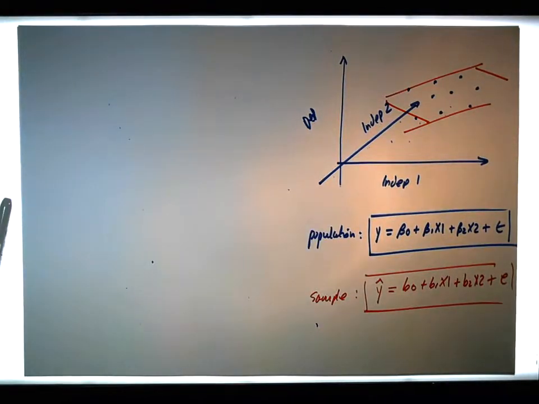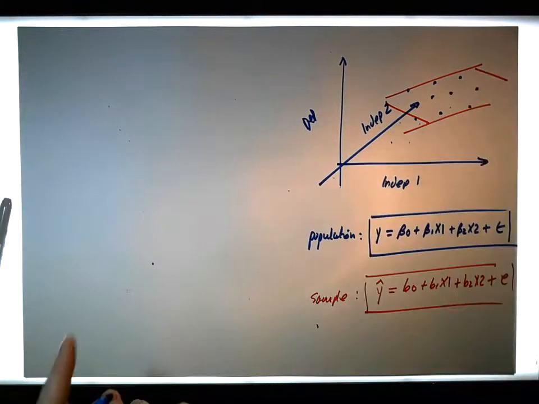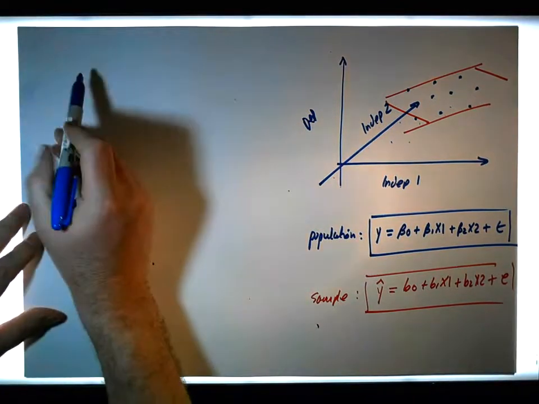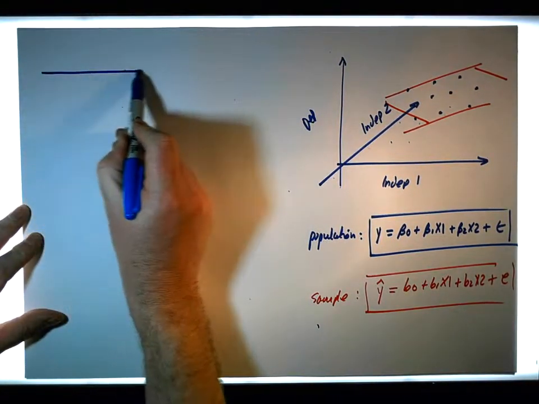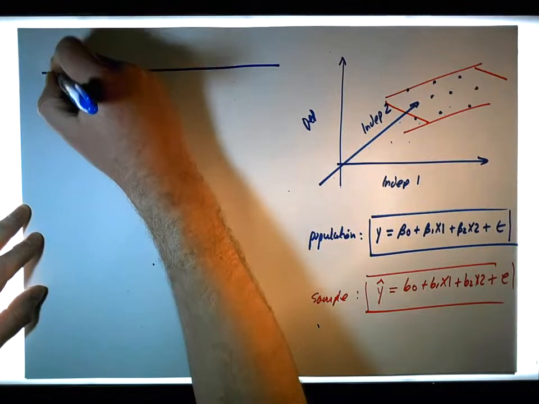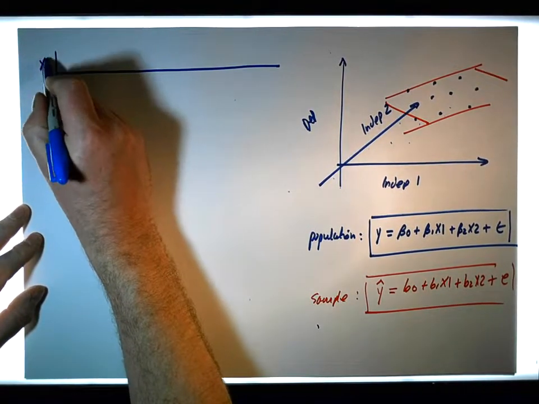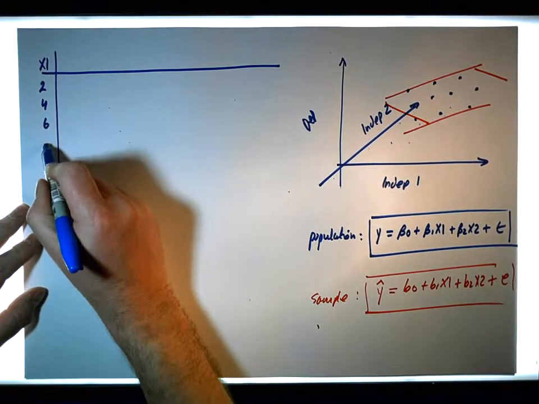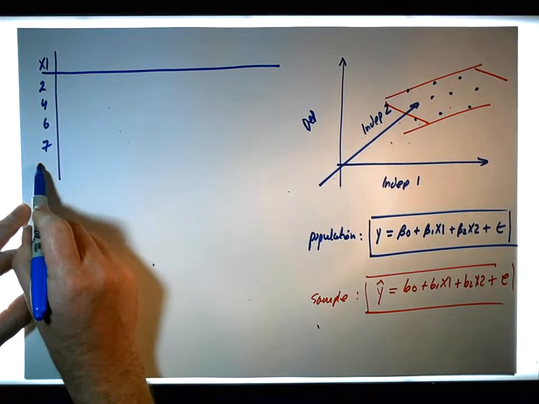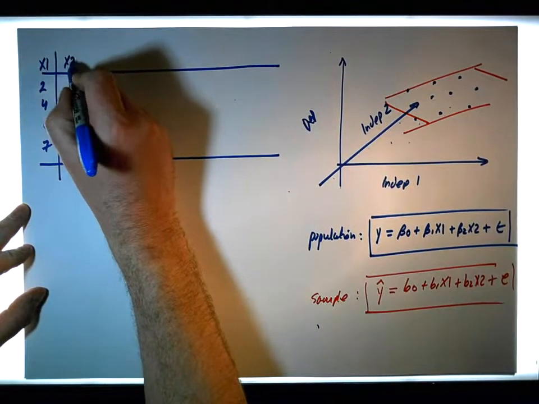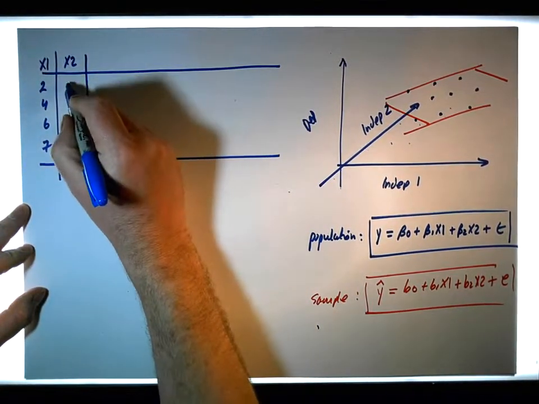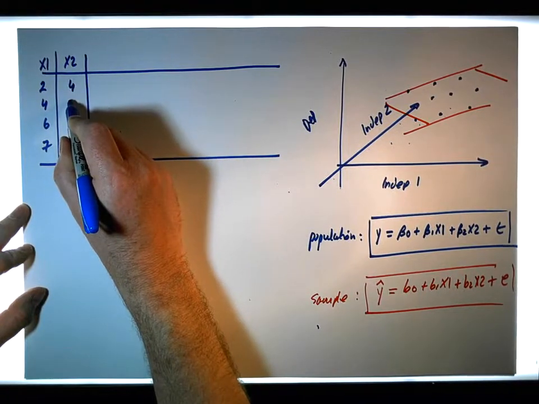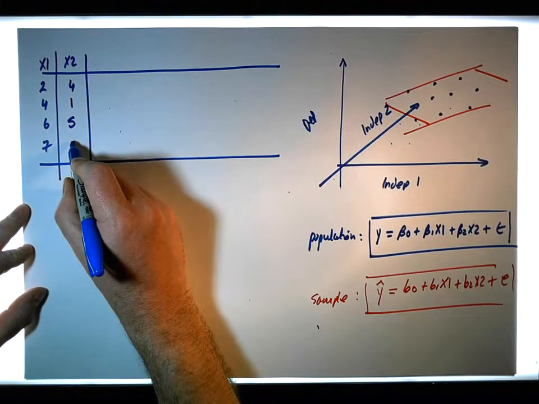Okay. So let's just take some observations, just as an example. Let's say, for argument's sake, that we have two independent variables. I'm just going to build a table here. I'll keep it small. So we have our first independent variable, and let's say the observations are 2, 4, 6, 7. Let's keep this small. Let's say we have a second independent variable, and the observations are 4, 1, 5 and 3.